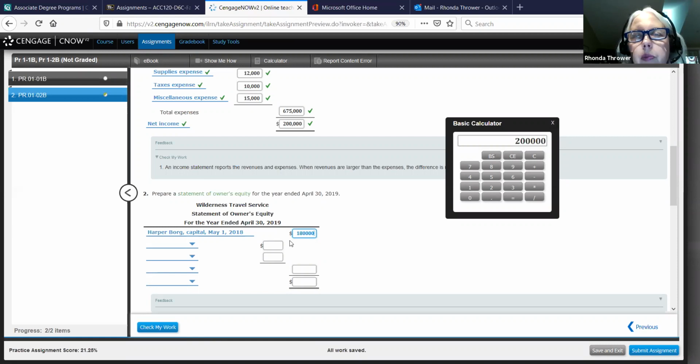So there is going to be more than one accounting period if you've been in business for more than one accounting period. So this information comes from the previous accounting period. It's just brought forward so that we have some information to start with on this statement of owner's equity.